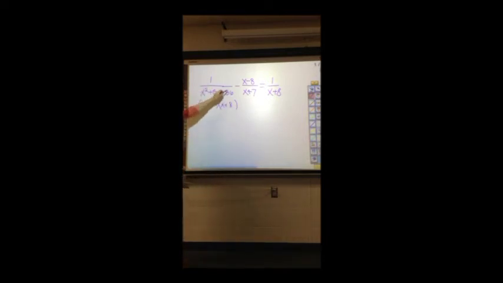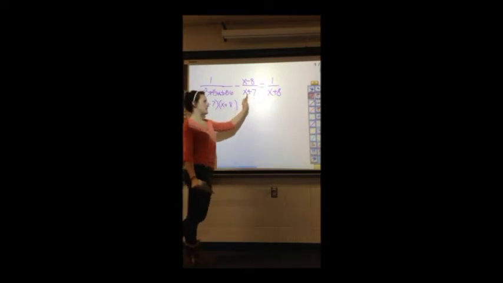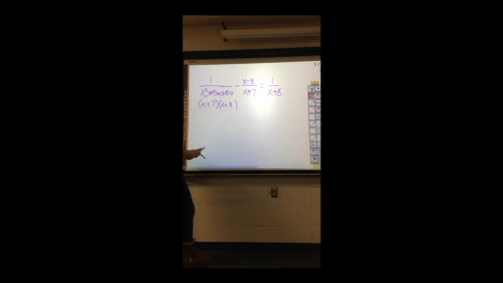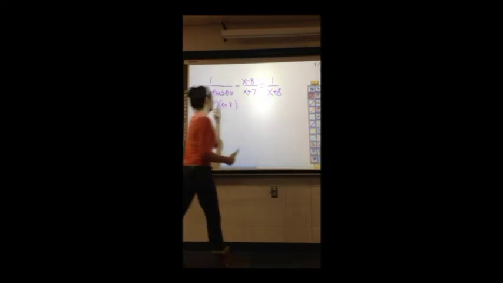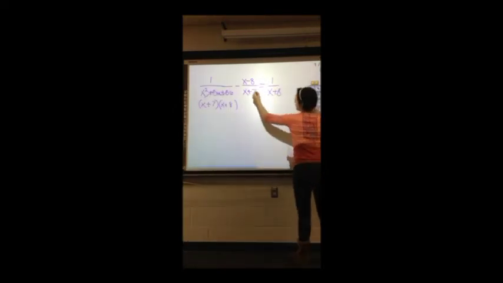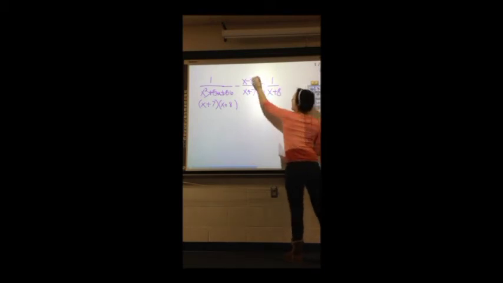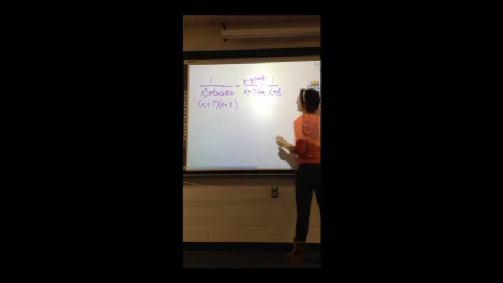So now that you have this as your denominator, you have to get both of these over here to have the same denominator as that. So what you're going to do is multiply this one by x plus 8 and multiply that one by x plus 7. So I'm going to multiply x plus 8 over here and x plus 8 over here.